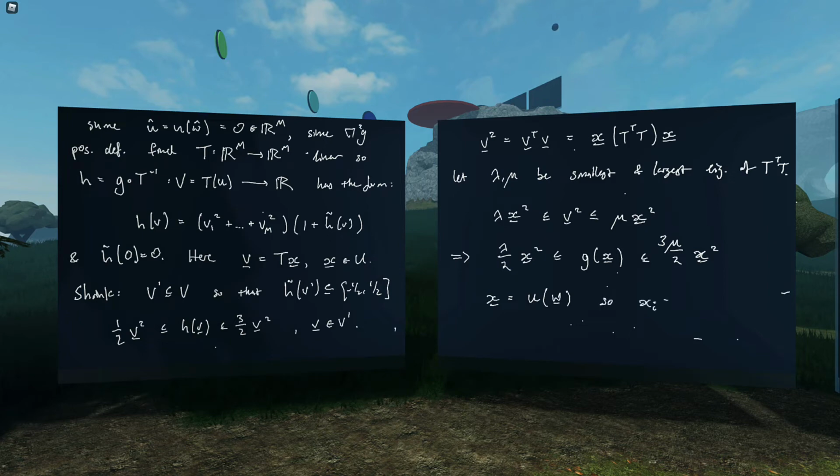So xi equals ui of w, and so x squared equals u1 of w squared plus and so on. And because we assumed that u hat was just the origin, this is exactly the function that calculates the RLCT of our fiber ideal.